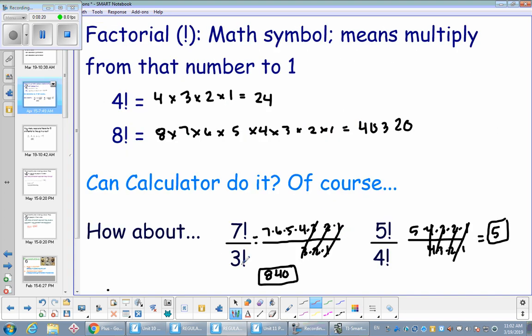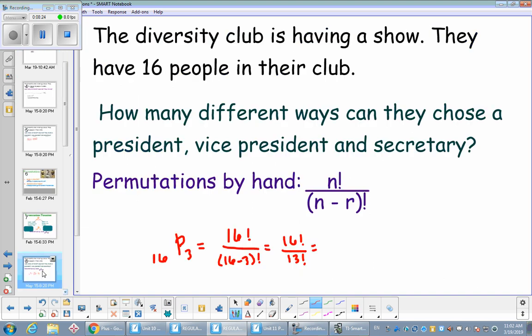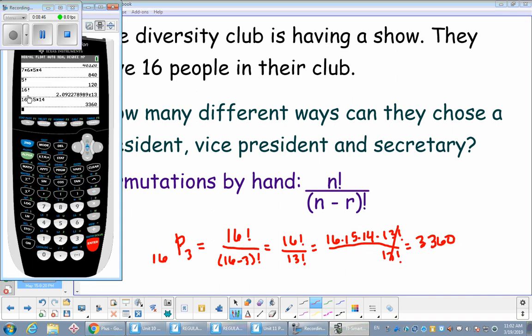Everything's going to cancel beyond that bottom number. So if I go to calculate this now, I'm going to write out 16, 15, 14. But then 13 and below is going to cancel because the bottom is 13. So 13, 12, 11 all the way down is going to cancel. And I would still just get 16, 15, 14, which I got was 3,360, I believe, right? 16, 15, 14. So I get the same answer.